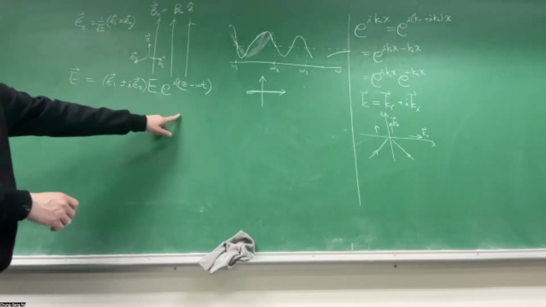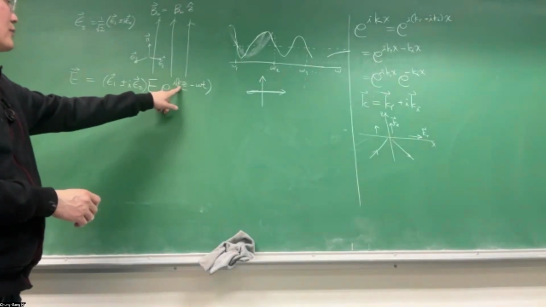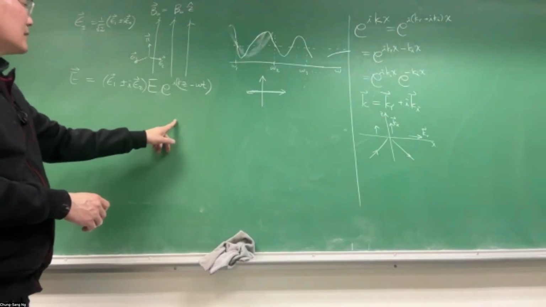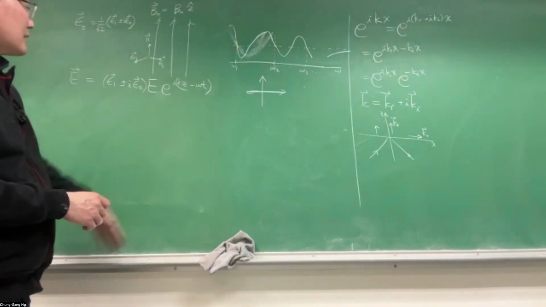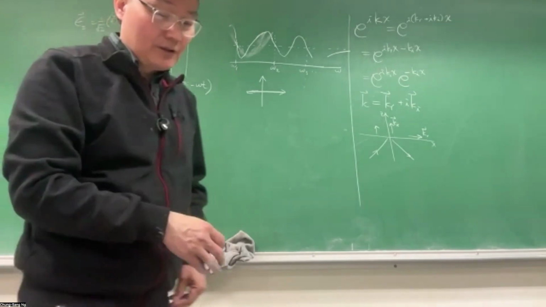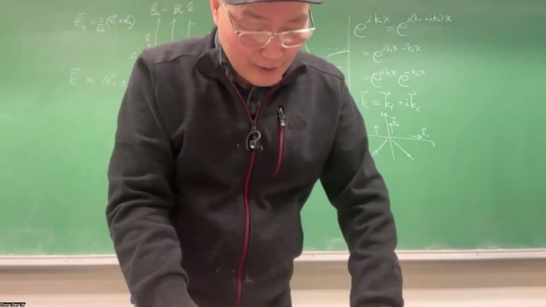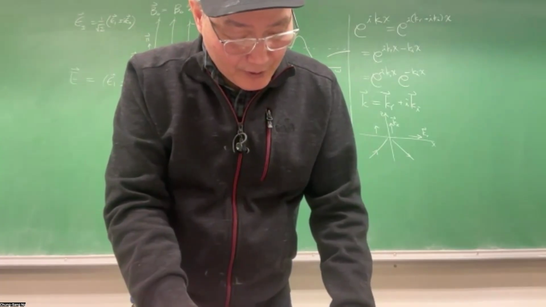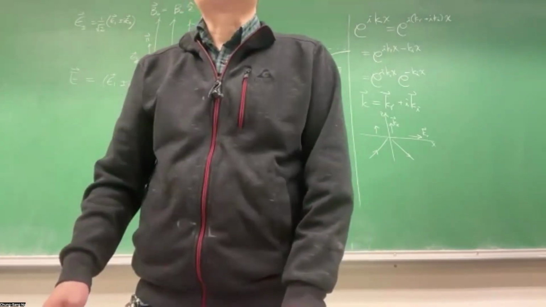And obviously, we will try to derive the relationship between k and omega by a model, right? The model is basically to consider you have free electrons in this medium. This is basically a plasma. And consider the equation of motion of these electrons.